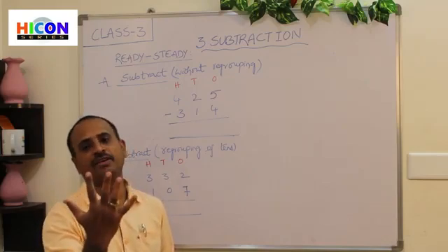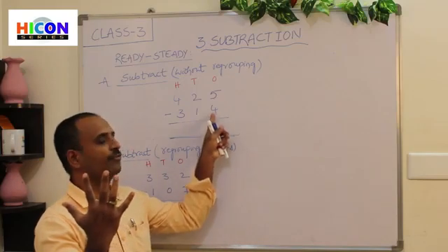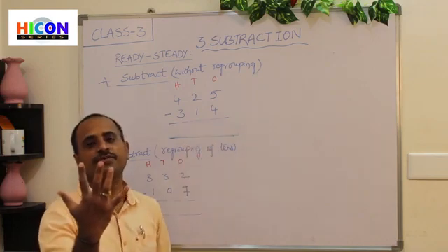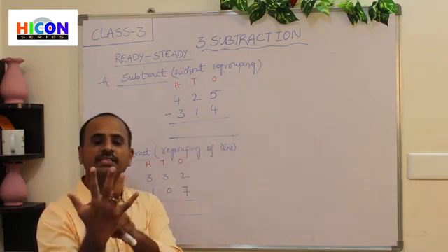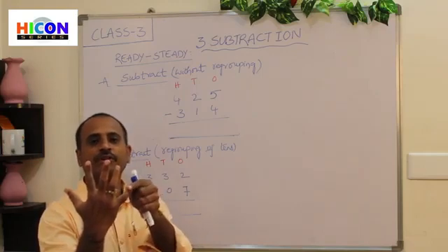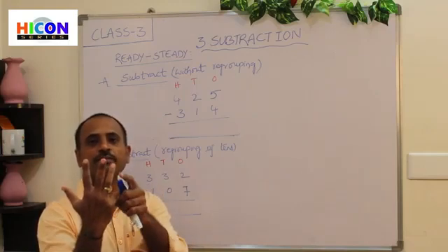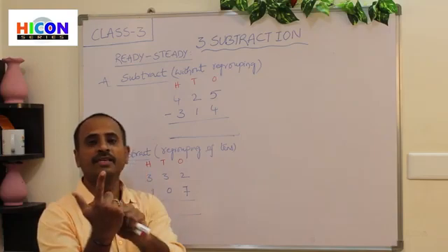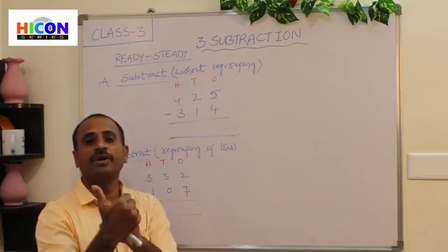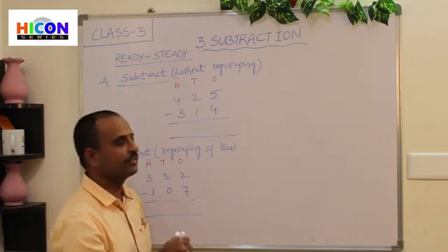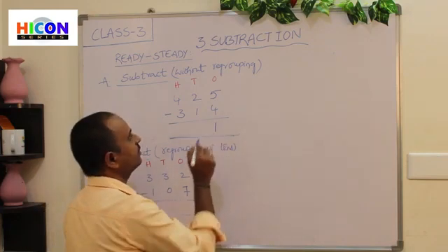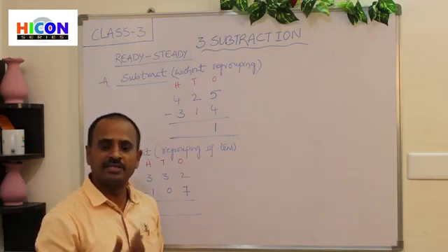What is the second number? 4. So close 4 fingers among these 5 fingers. I am closing 4 fingers: 1, 2, 3, 4. How many fingers are left here? 1 finger is left. So the answer is 1. Write 1 under the ones place. The ones place is completed.